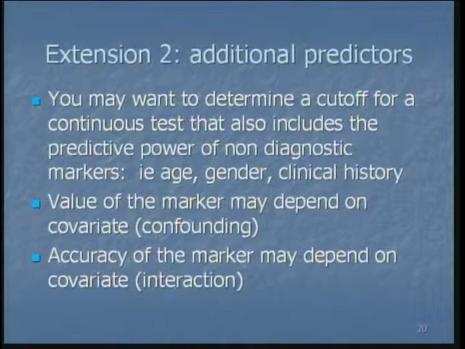One is that the distributions of the marker might just be different in those populations. And if you don't take into account what you know about that covariate, you might have a confounding effect. And the second reason is, in fact, the accuracy of the marker might be different by population, which is a slightly different issue, and we call that interaction. And I'm going to show you graphical examples that will illustrate those points.